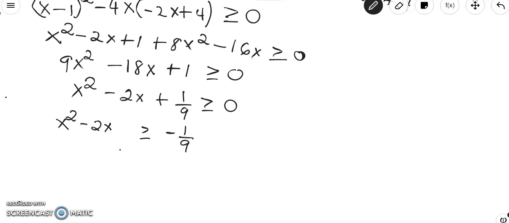So, add 1 to both sides. So, nagko-completing the square tayo. So, i-factor natin ang left side, so magiging x minus 1 square is greater than or equal to, so 1 minus 1 over 9 is 8 over 9.